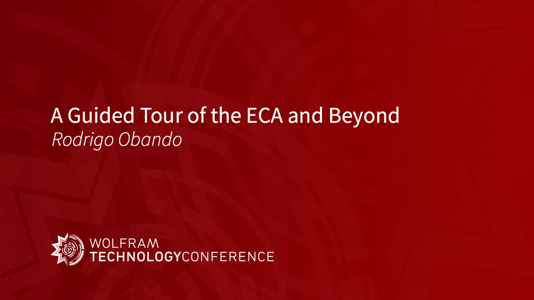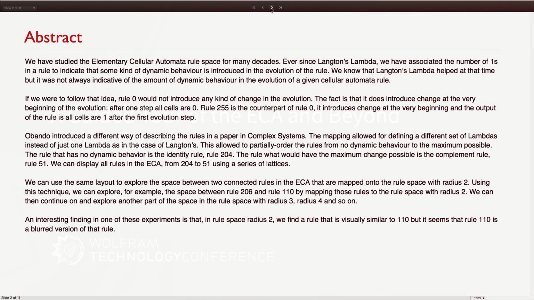So that's the abstract. This is going to be published in the conference, so you can read that at your leisure. But essentially, when we study cellular automata and we are interested in the dynamic behavior of the rules, we find that it was not visible how the different behavior was related to the actual rule.